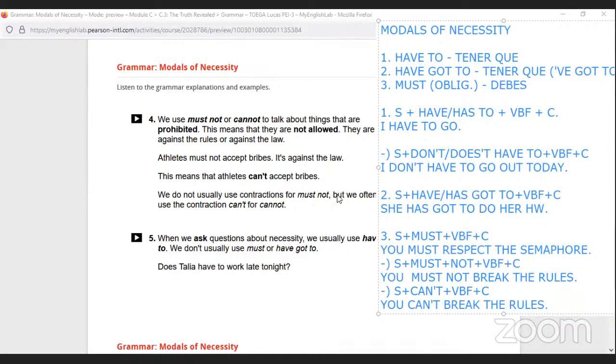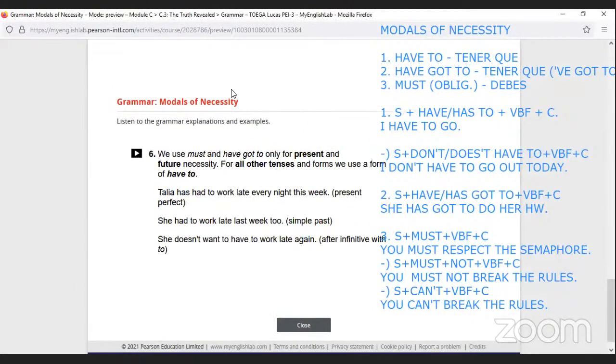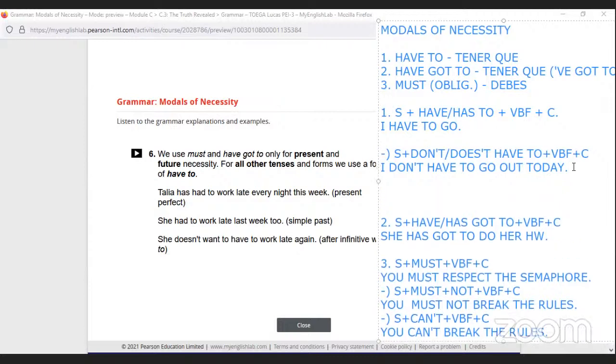What about questions? Can we make questions for these ones? With the first one, yes, okay. With the first one, we have affirmative, we have negative, and we can have questions, for example, do, or maybe does at the beginning, subject, have to, verb in base form, and complement.